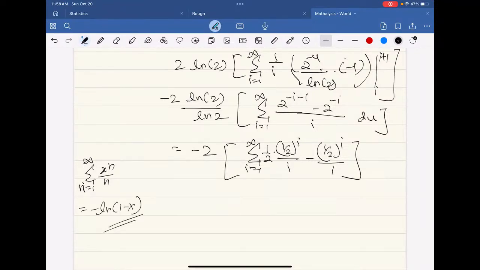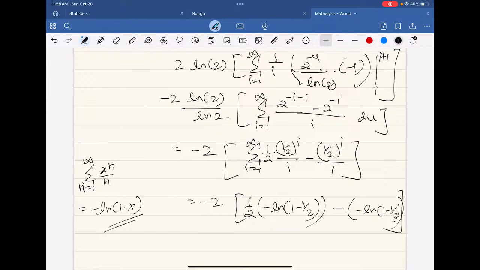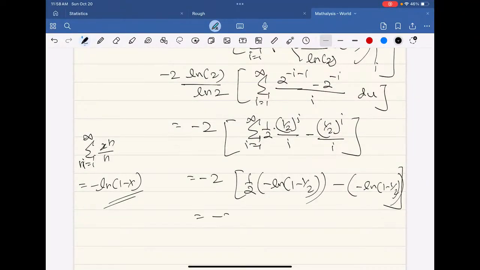So let's use that. Minus 2 times 1 by 2 times minus ln of 1 minus half, right? And then minus, this is again minus ln of 1 minus half, right? So this is minus 2 times minus half times ln of half plus ln of half.